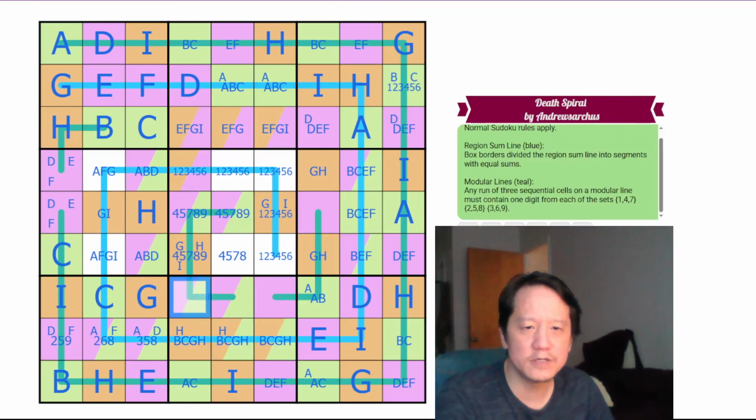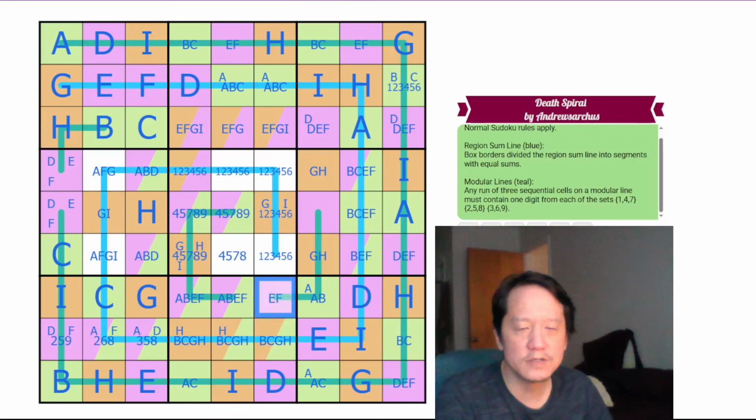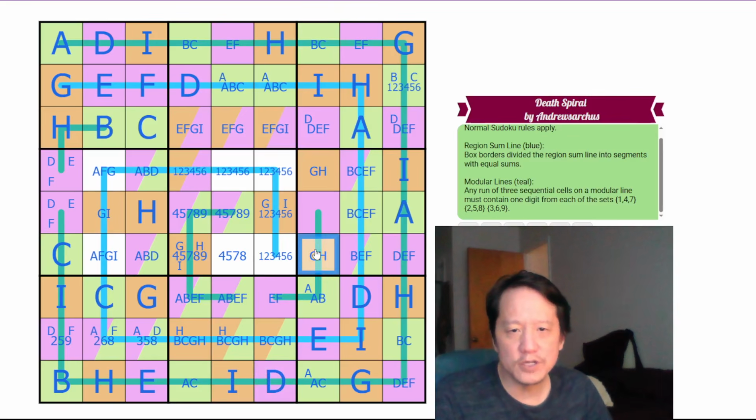Remaining digits here: one of this is E or F, and we have A, B with E or F. Well, where's D? D has to be here. So this is D. This is G, H. D is either one of these, so this is D, E, or F.